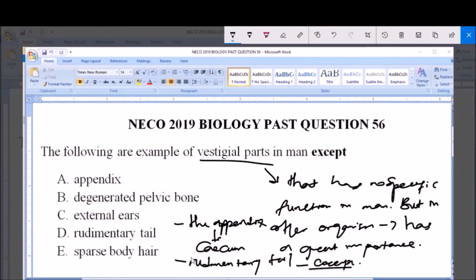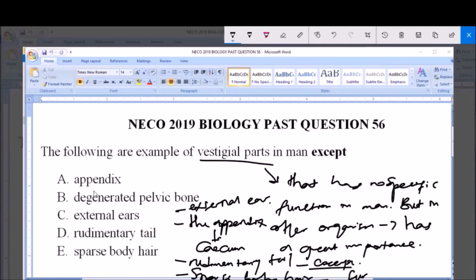Another example is the sparse body hair of man. In other animals, this forms the fur. And another example is the external ear. If you look at the external ear of man, it is small compared to that of other animals. So these are the vestigial parts in man.